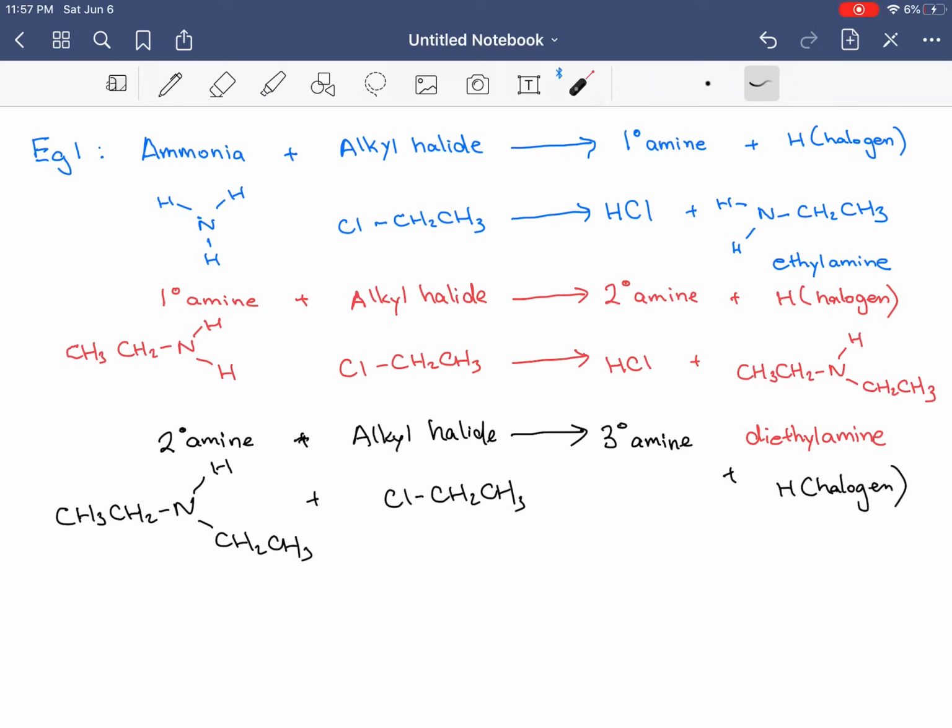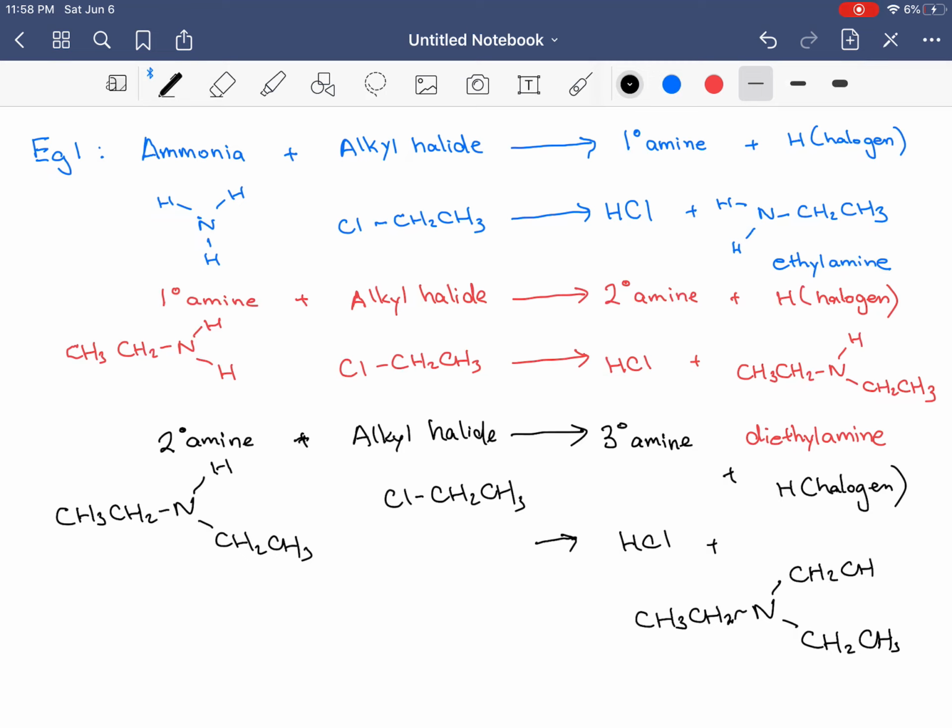To get that tertiary amine and H halogen, you can see that this Cl is going to hook up with, oh, I don't have a choice here. I only have this H to choose from. There's your HCl. And of course, I will also have this tertiary amine.